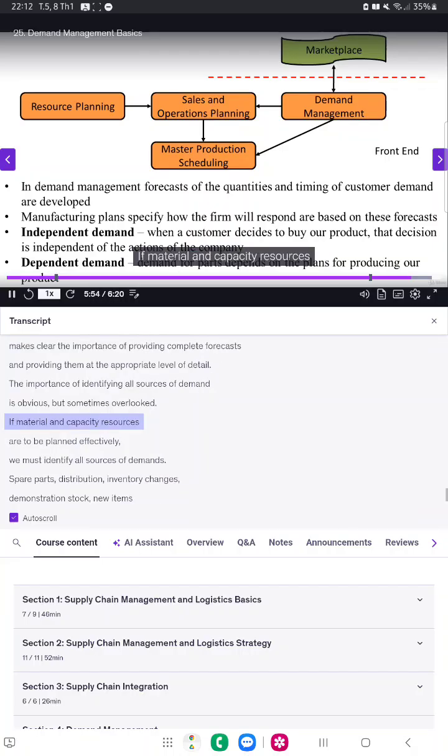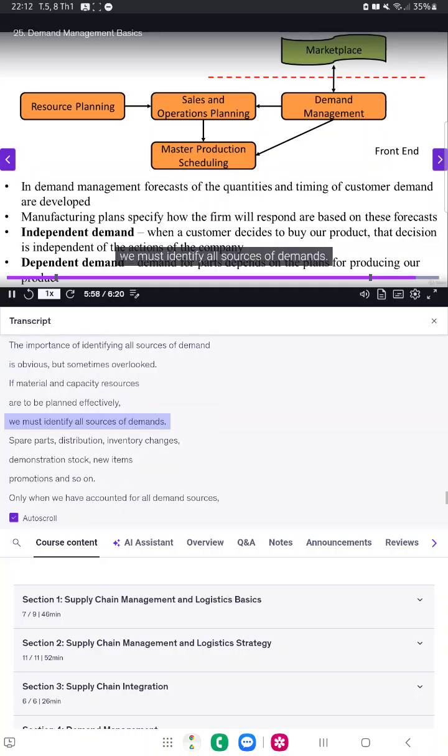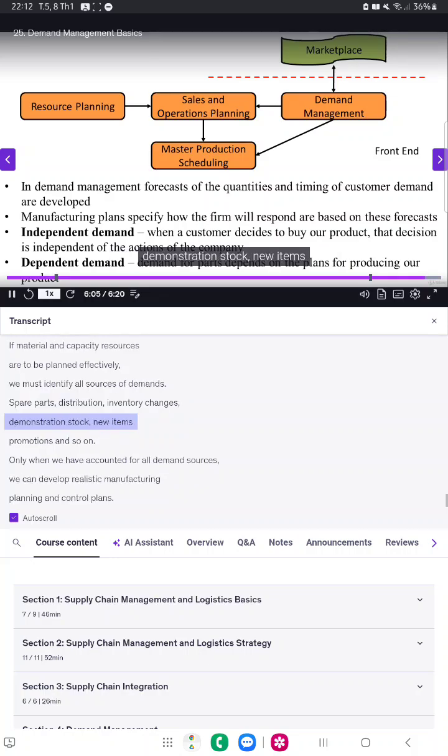If material and capacity resources are to be planned effectively, we must identify all sources of demands: spare parts, distribution, inventory changes, demonstration stock, new items, promotions, and so on. Only when we have accounted for all demand sources can we develop realistic manufacturing planning and control plans.